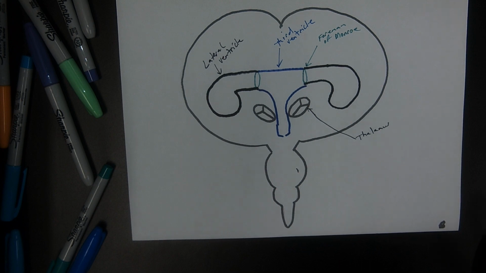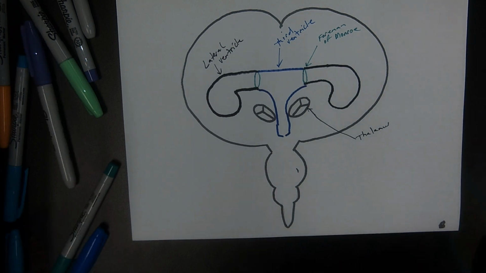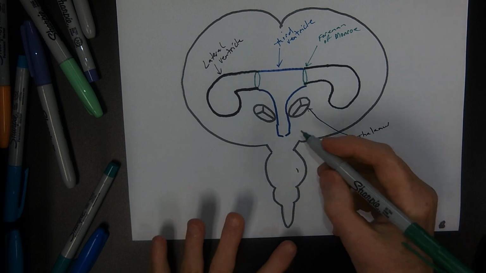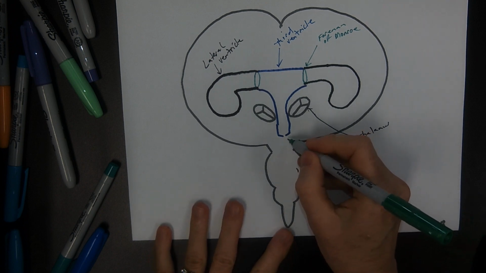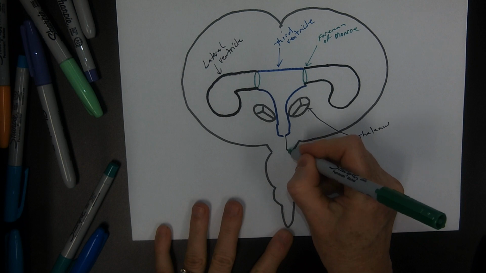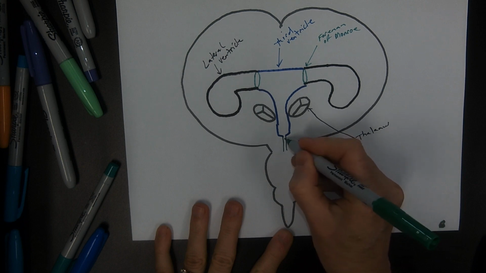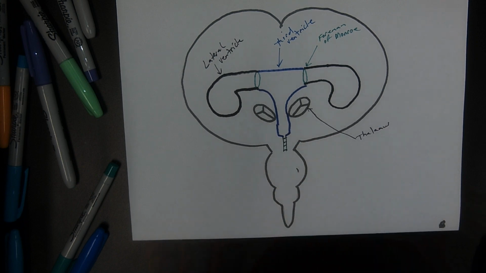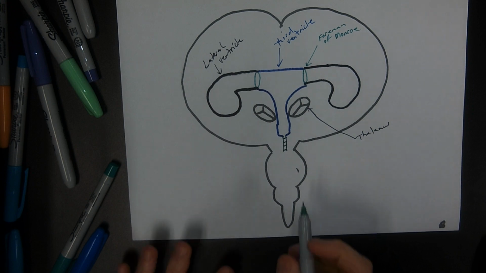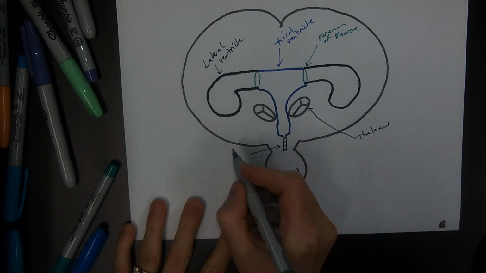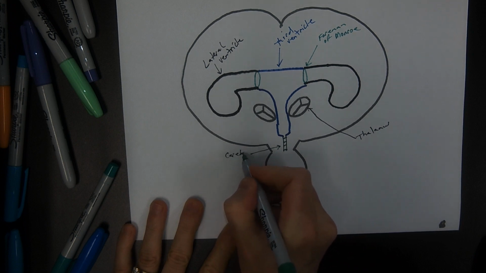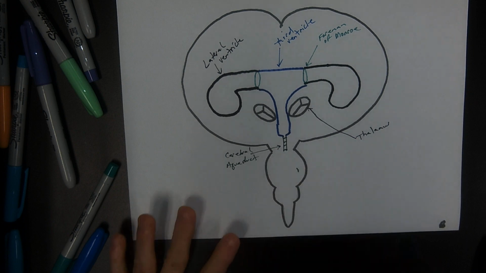Okay, underneath, at the very base of the third ventricle, there's a connector that goes through the midbrain. Does anybody remember what that connector is called? Cerebral aqueduct. Oh, good. You got it quick this year. Cerebral aqueduct. Okay.